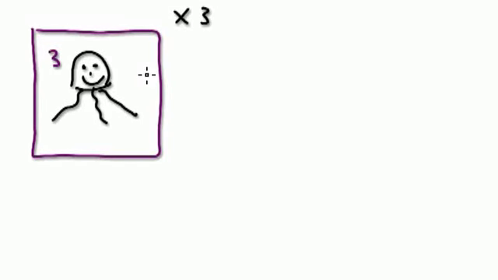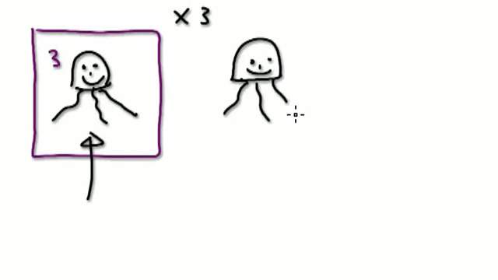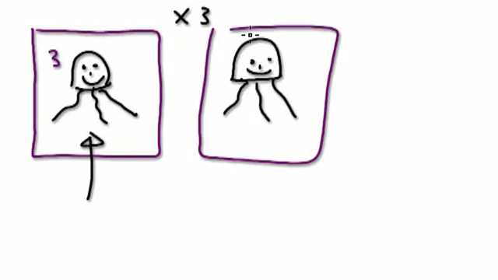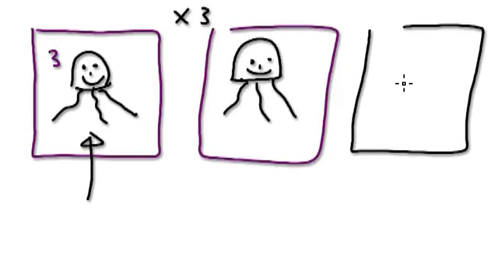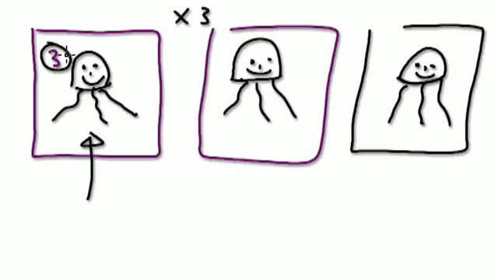Times 3 means you're going to make an exact copy of this tritopus. So you're going to make an exact copy of it. So it's like this. 1, 2, 3. So you've got 1 copy here, and then you're going to make another one here. Okay, hang on. So the number you're thinking of is 3.